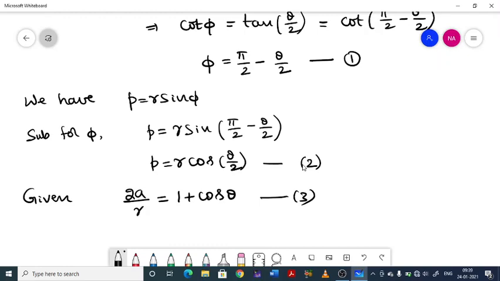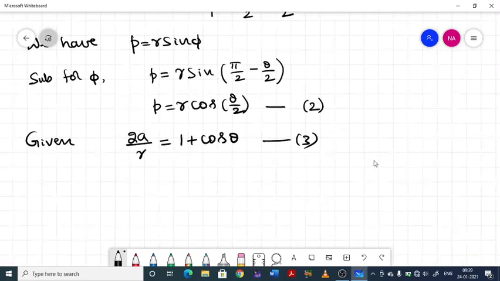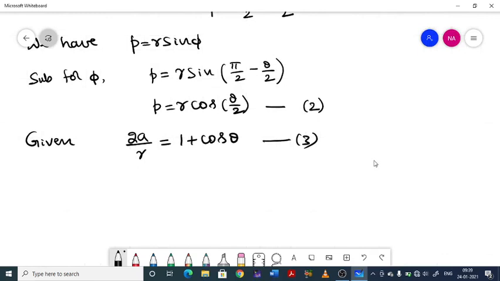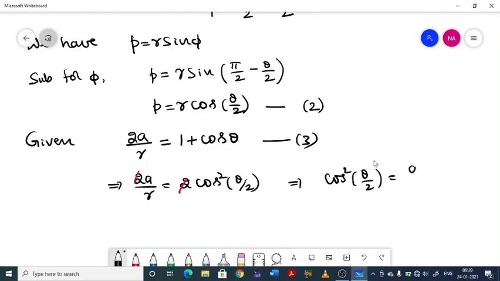Now we need to eliminate theta between these two equations. 1 plus cos theta we can write as 2 cos square of theta by 2. So 2a by r equal to 2 cos square of theta by 2. The 2 gets cancelled, so from this we get cos square of theta by 2 equal to a by r.